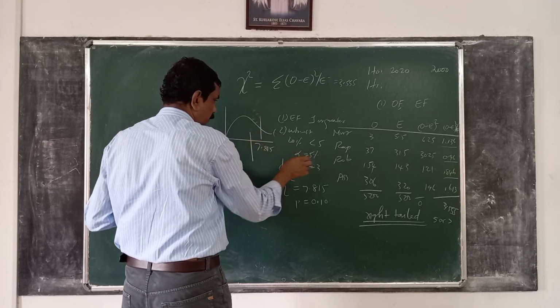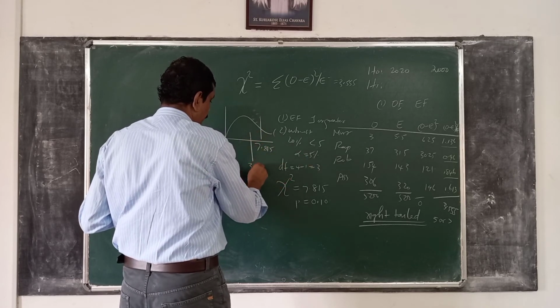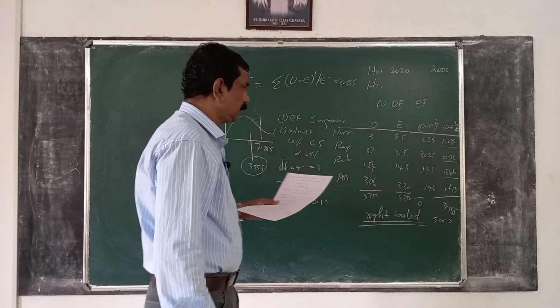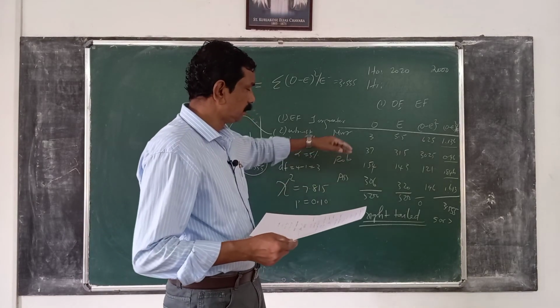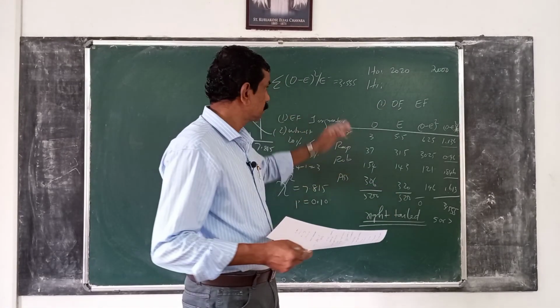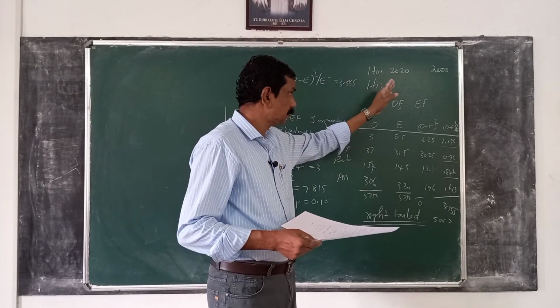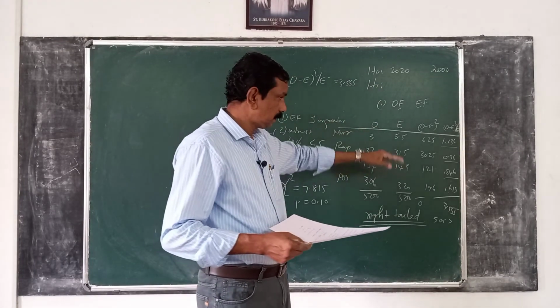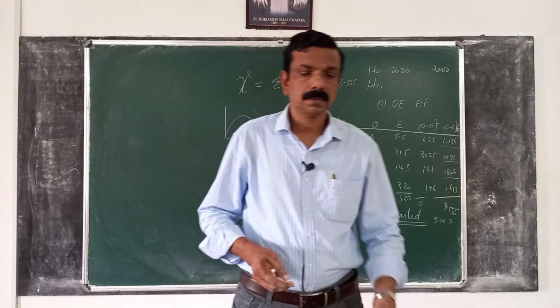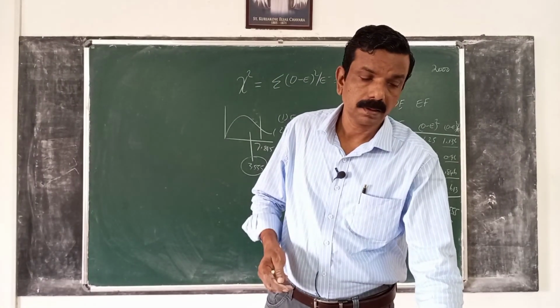The value we obtained is 3.555, so we accept H0. Accepting H0 means the distribution of violent crimes in 2020 is similar to its distribution in 2000. That is the conclusion.